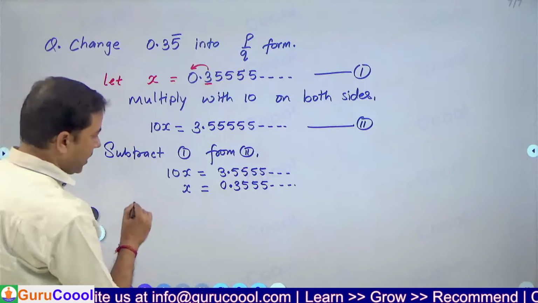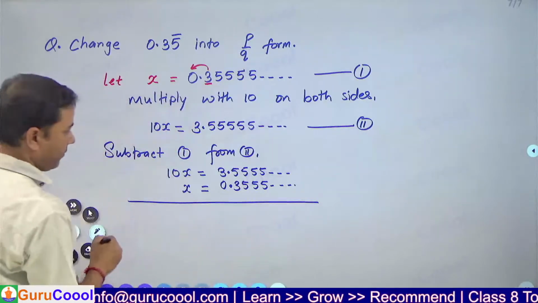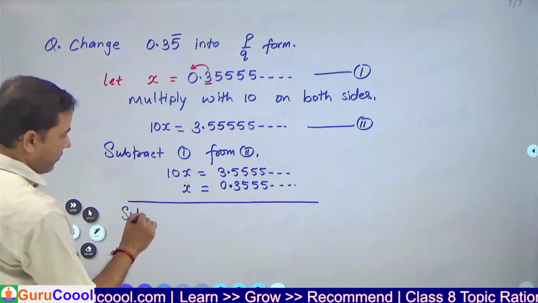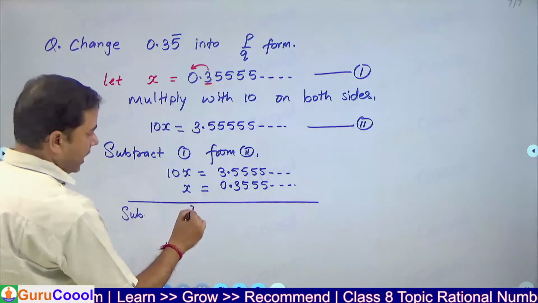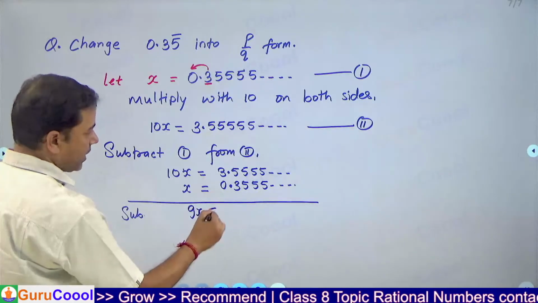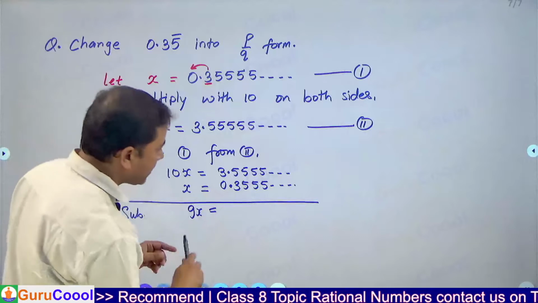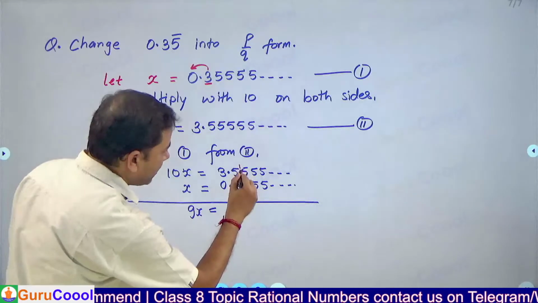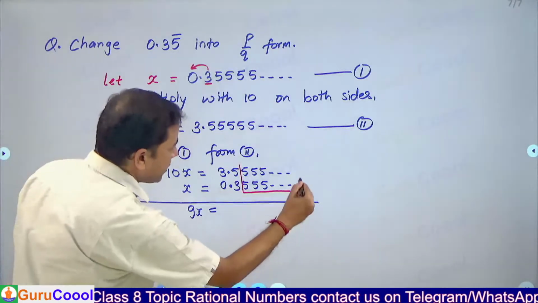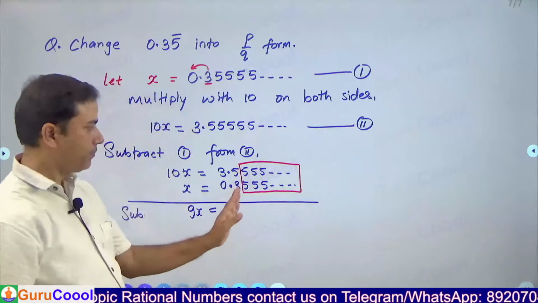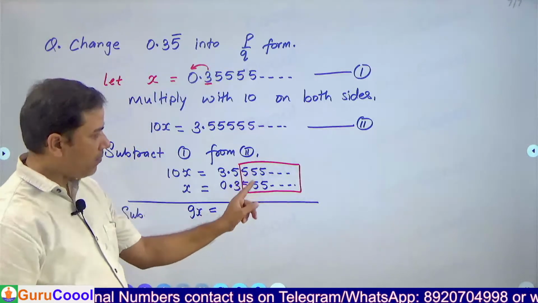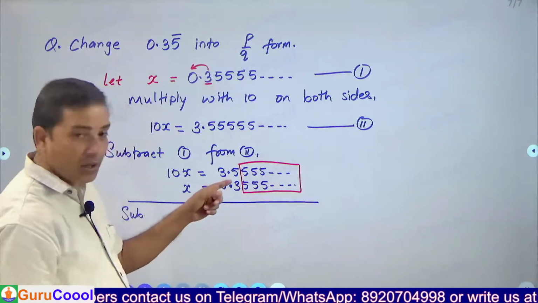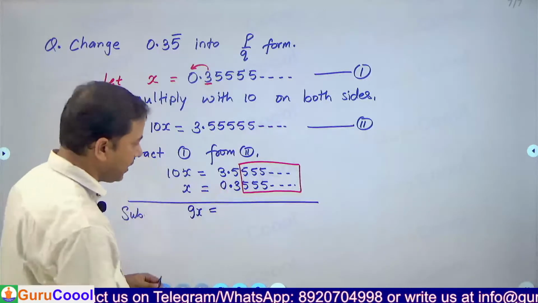Now subtract. 10x minus x is 9x, equal sign, and after this everything will be 0, because 5 minus 5 is 0, but we get one digit after the decimal here.